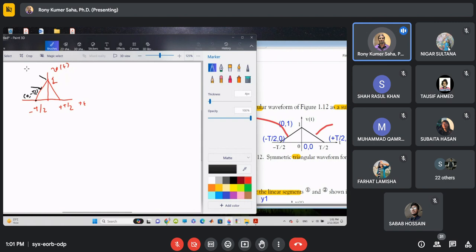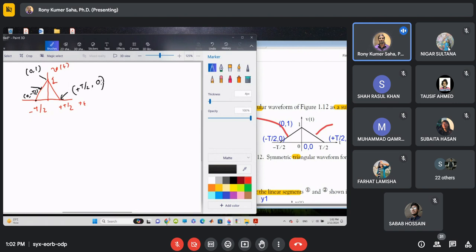Here the x-axis value is 0, but the y-axis value is 1. And for this last point, the y-axis is 0 but the x-axis is plus t over 2. Okay? So this is what you have to do first.